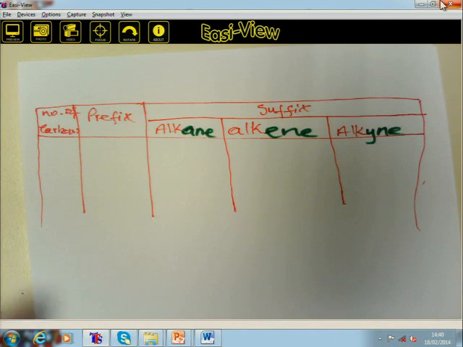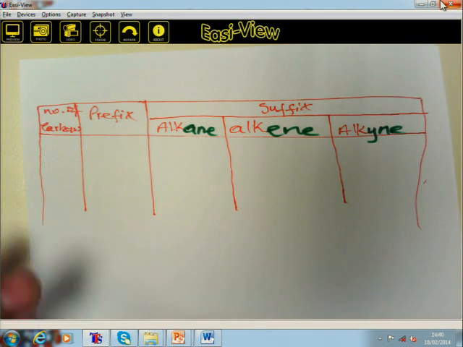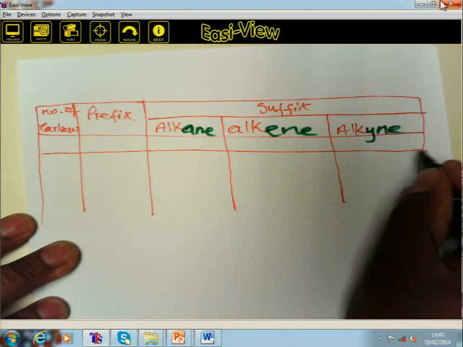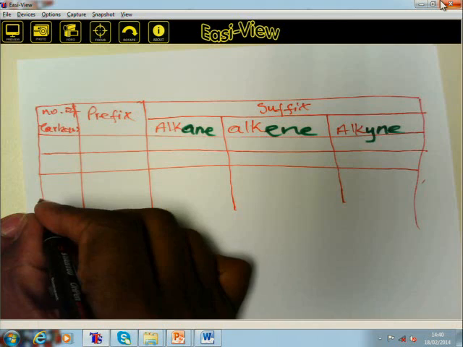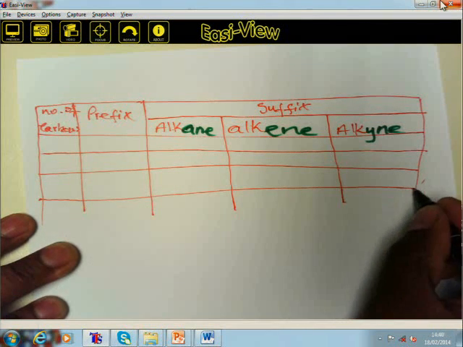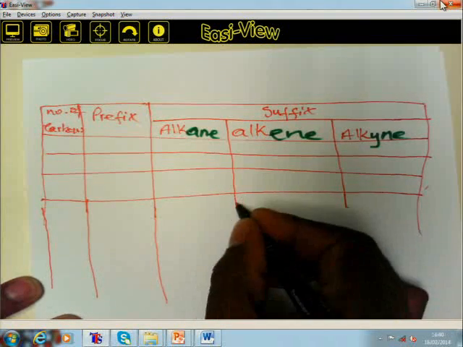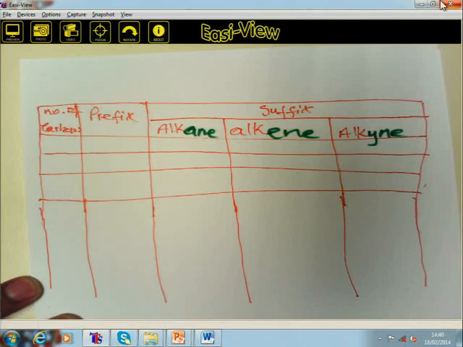All right. And then when you are done drawing this table, let me just give you a few seconds to draw the table so that I don't leave you behind. Okay, I believe you are where I am now.